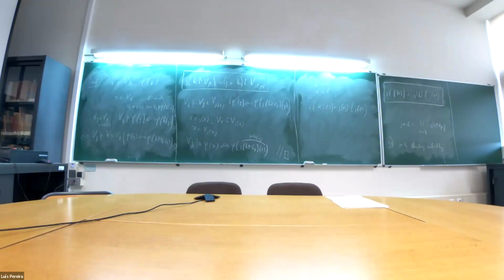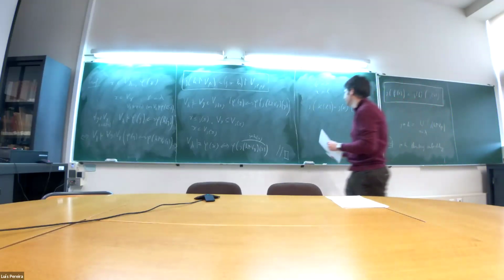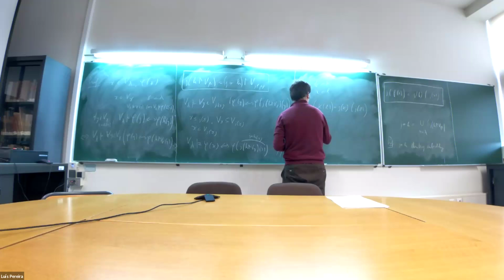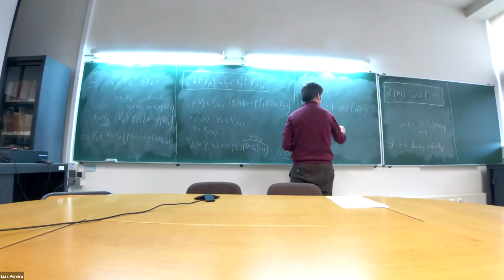So what you're going to do is, suppose your K and L are actually the restrictions of elementary embeddings to something, I'll not specify.